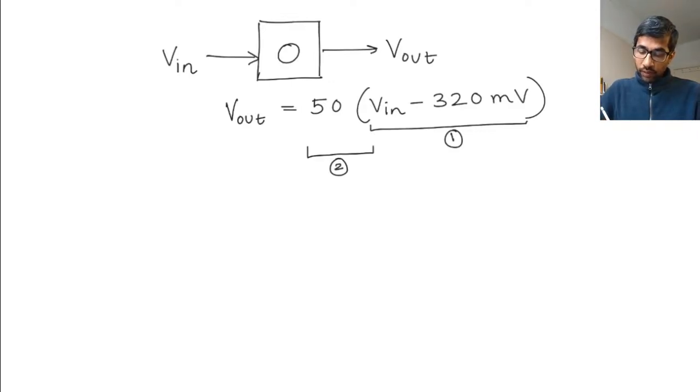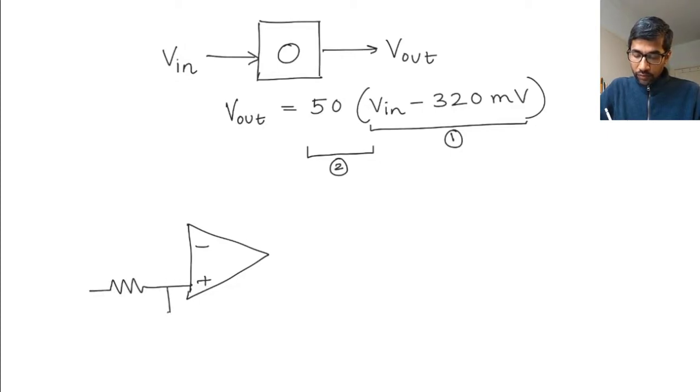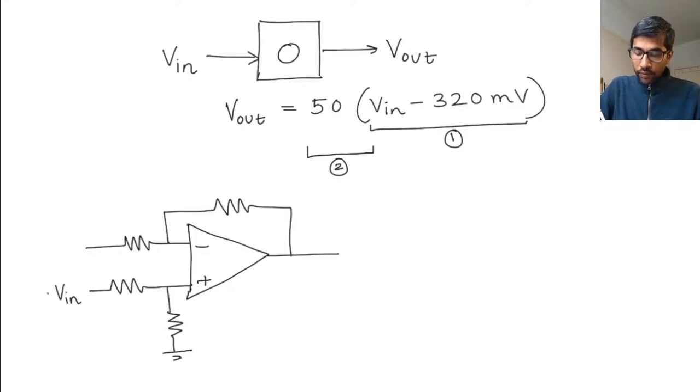Of course, if you remember analog electronics, you would remember that the first circuit is made by what is called a differential amplifier. Let me just draw that. I put a resistor here and a resistor to ground here. Let's say I give V in at this point, and I create a similar circuit, and all these resistors are R. I give 320 millivolts here.